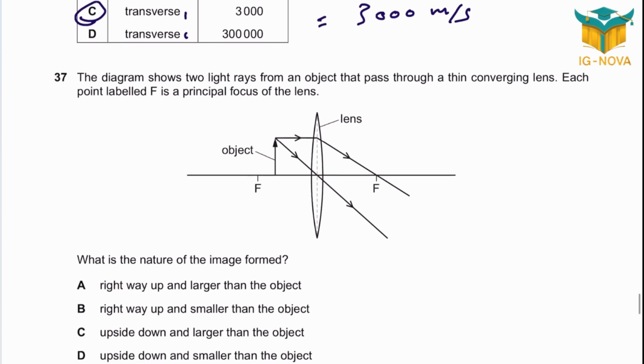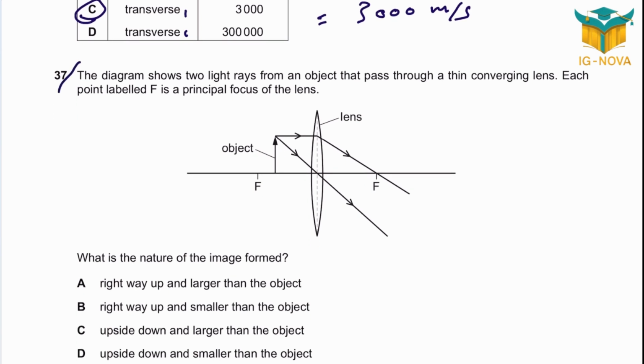Question 37. The diagram shows two light rays from an object that passes through a thin converging lens. Each point labeled F is the principal focus of the lens. Here, the object is located at a place less than the focal length.